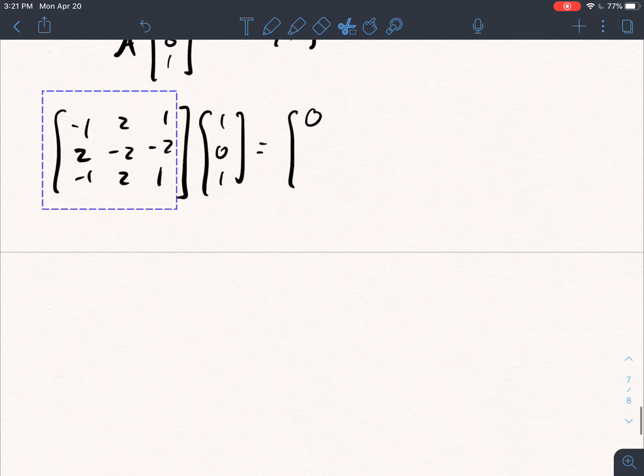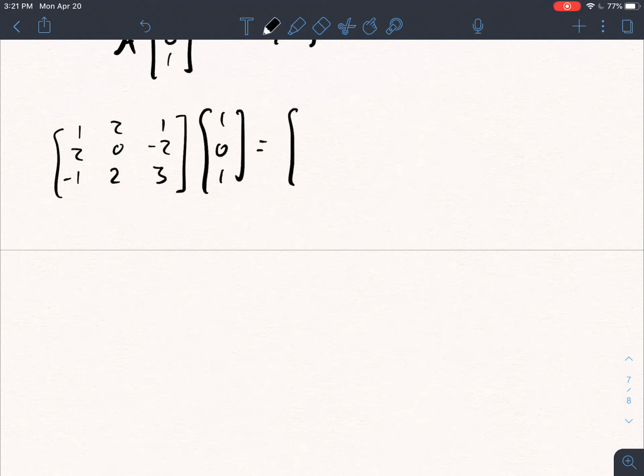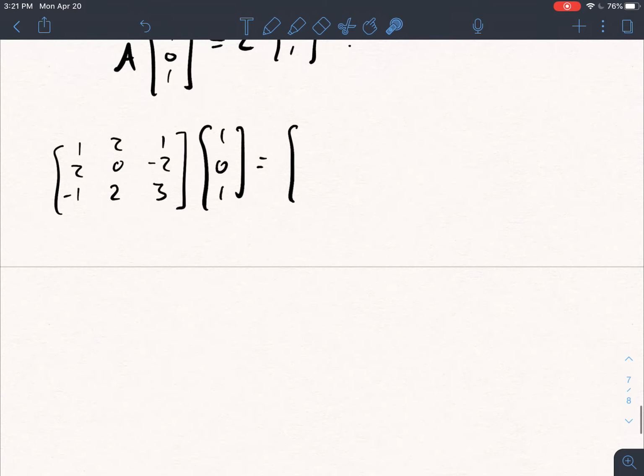And I copied the wrong thing. So actually what I wanted to do was this matrix A, because what I had actually done is A minus 2 times the identity matrix, which of course would give me the 0 vector if I do this. All right, now this should be right.